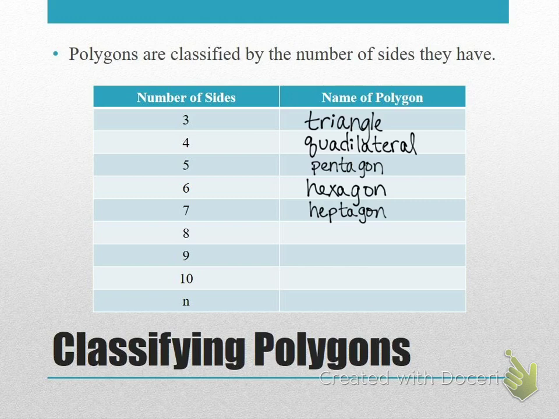Eight sides is an octagon. Nine sides is a nonagon. Ten sides is a decagon.